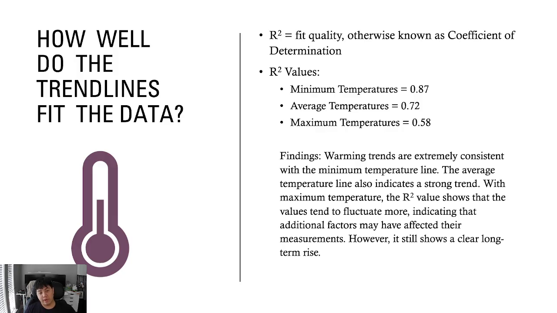However, because of the fluctuation between our data points and our trend line, it gives us an indication that there's more fluctuation from year to year, but the pattern still trends upward. So it's not necessarily saying that our trend line is wrong. It's telling us that there are a few more factors involved, or several factors, that could have possibly affected why the data has those kinds of fluctuations.